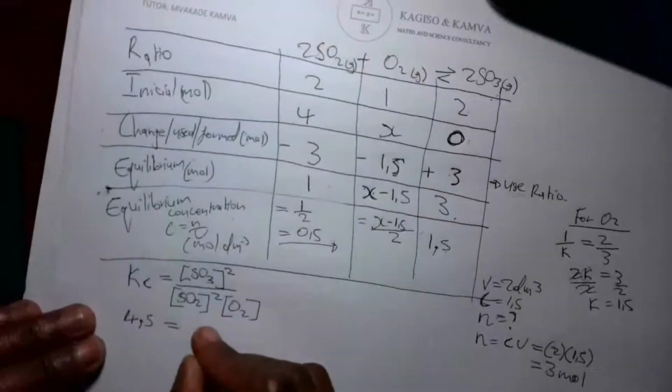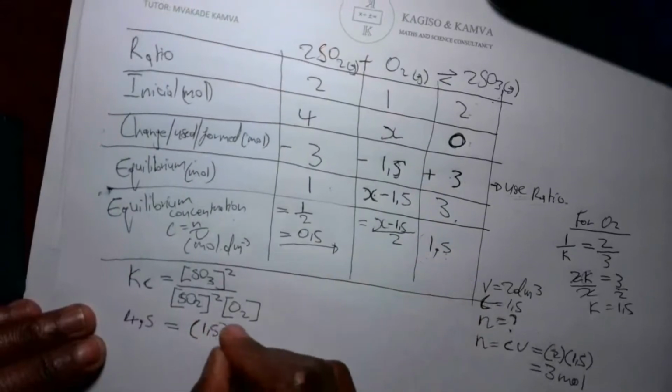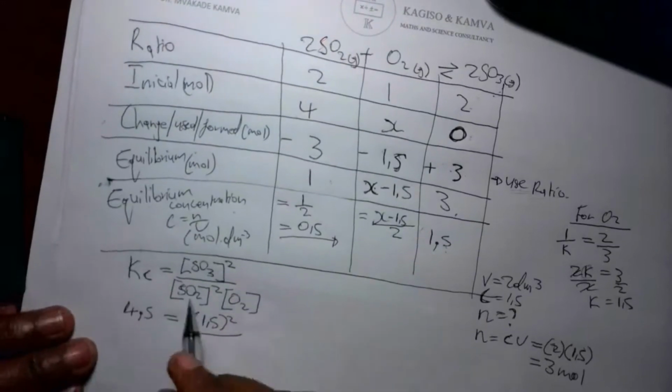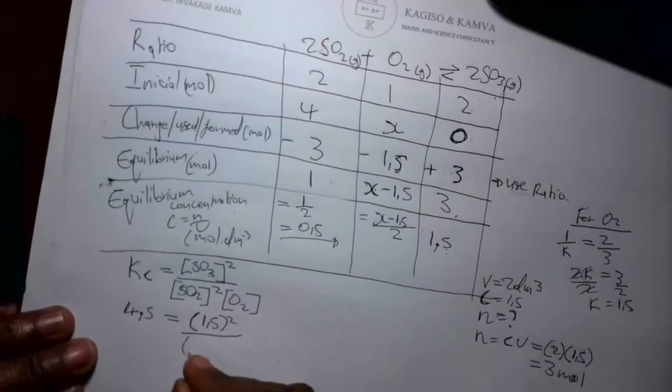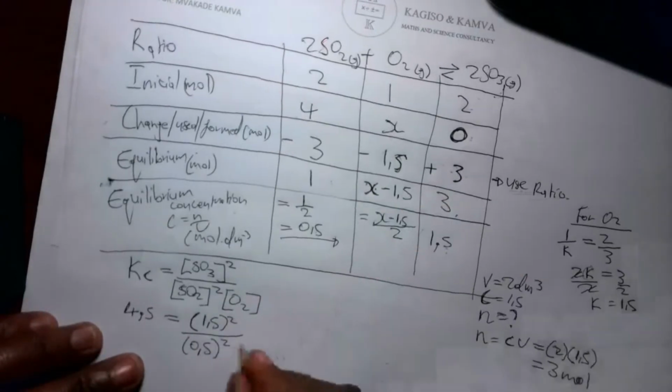What do we have there for SO3? We have 1,5 squared over SO2. SO2 is what? It's 0,5 squared. Okay, now what do we have for O2?